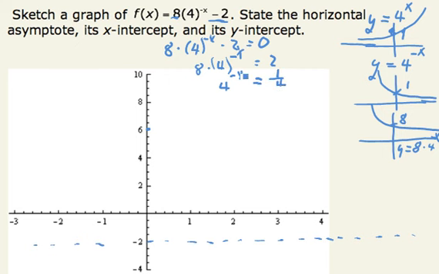And if we look at this, 4 to the negative 1 is 1/4, so x must be 1, not -1. So this graph has the same basic shape as the previous one, except it has the x-intercept at x equals 1 and the y-intercept at y equals 6.